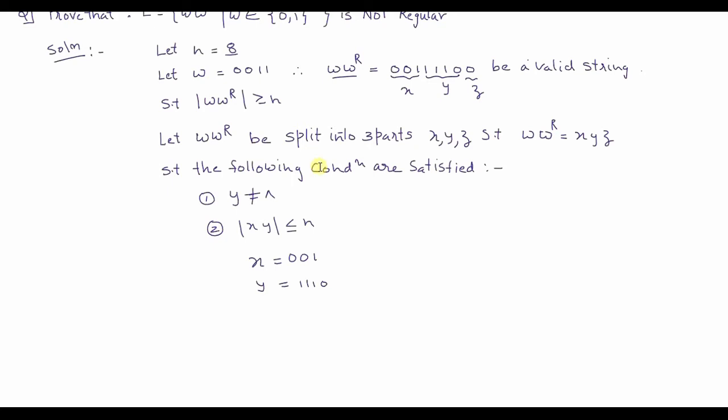So y is 3 ones and 1 zero, and z is the last 0. So the original string w w raised to r is split into three parts.